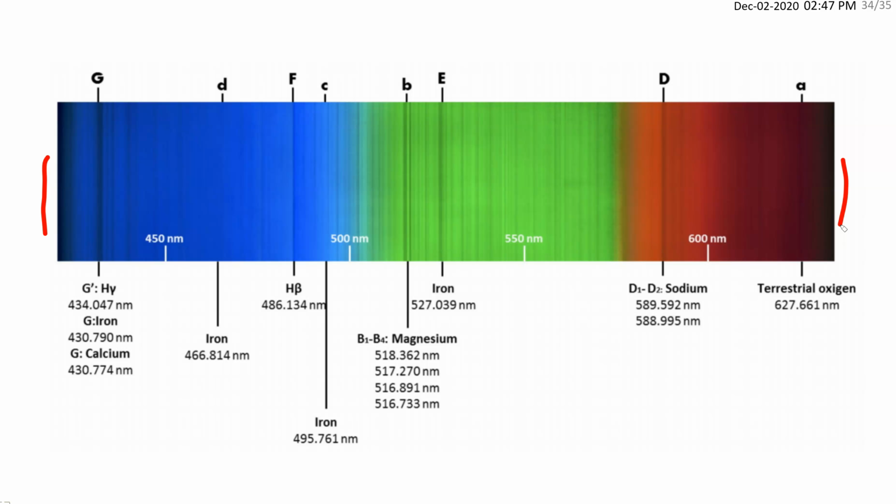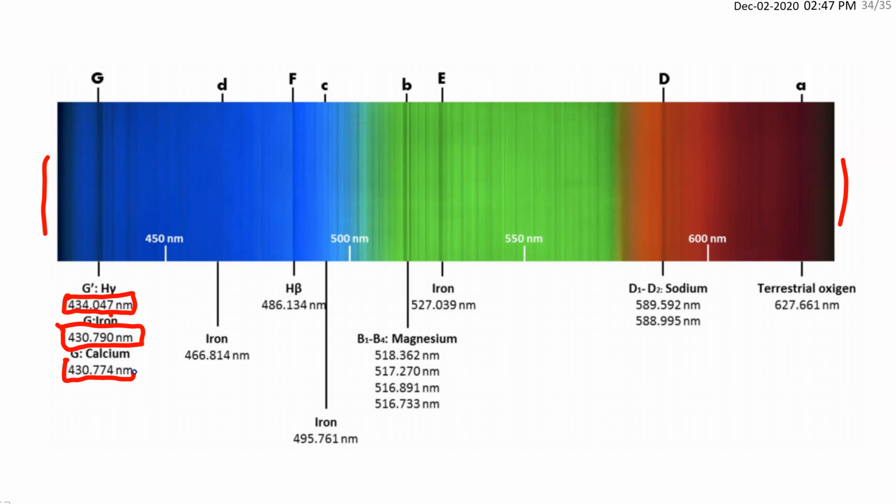We're using the colors of the rainbow essentially. And basically what this means is, at 434 nanometers, that means hydrogen, a specific type of hydrogen is present. At 430 nanometers, there's another black line that says iron is present.